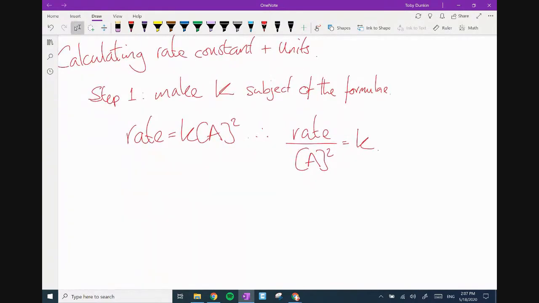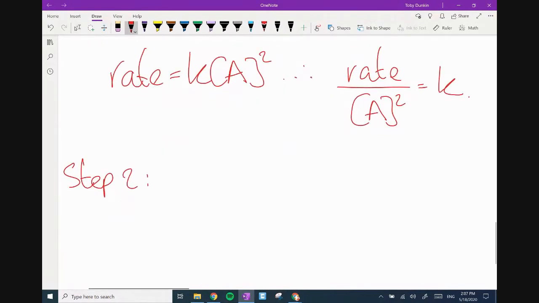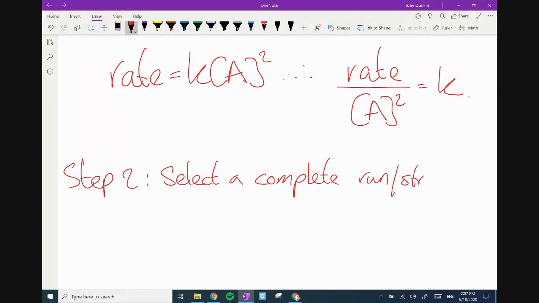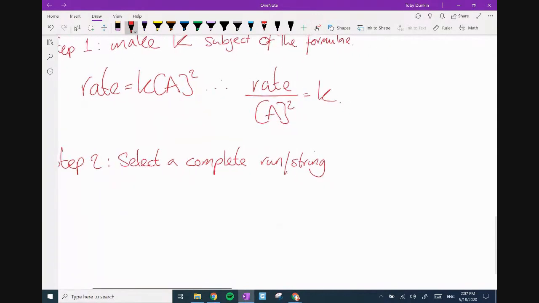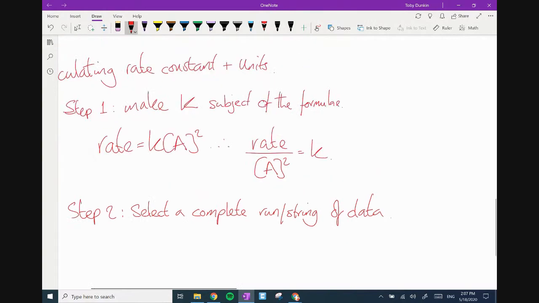Right. Now what do you do? Step 2. Select a complete run/string of data. Yeah? You need a complete set of data.